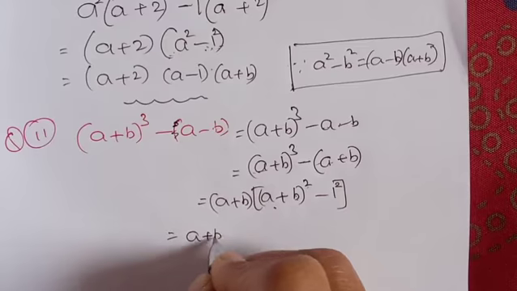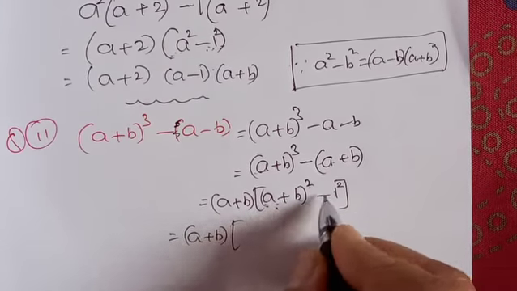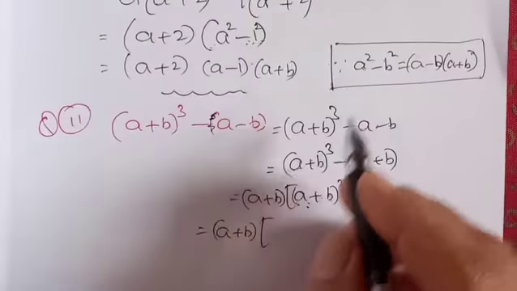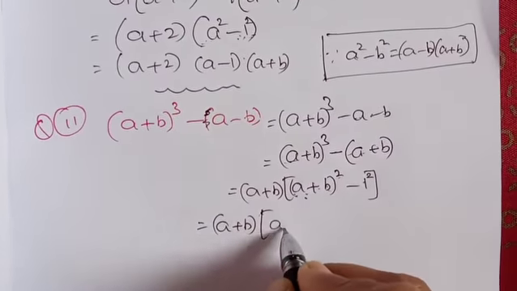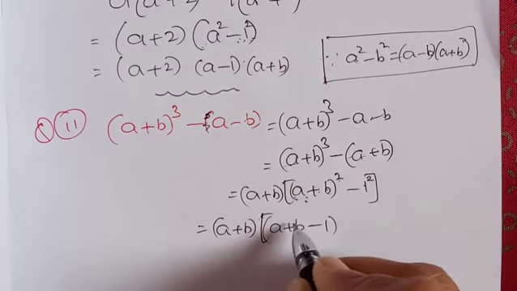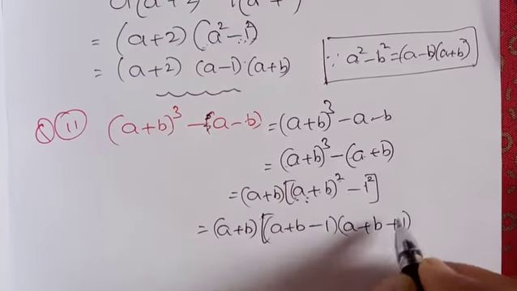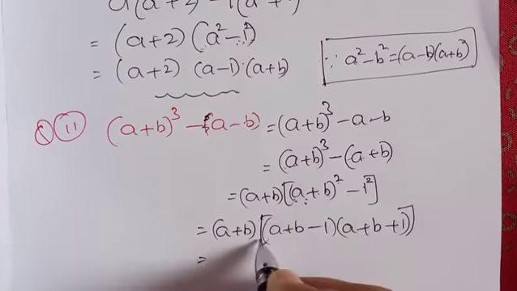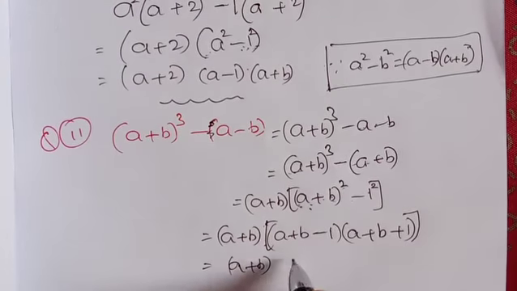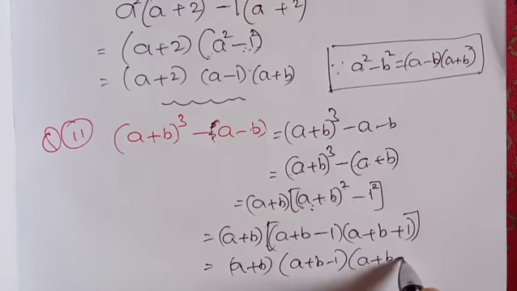Okay, a plus b is the first factor, and now from these two again a plus b, a minus b, the a square minus b square formula, here again I am applying. So here a plus b minus 1 is one factor, the other factor is a plus b plus 1. Okay children, that's all. Remove the square bracket and this is a plus b of a plus b minus 1, a plus b plus 1.